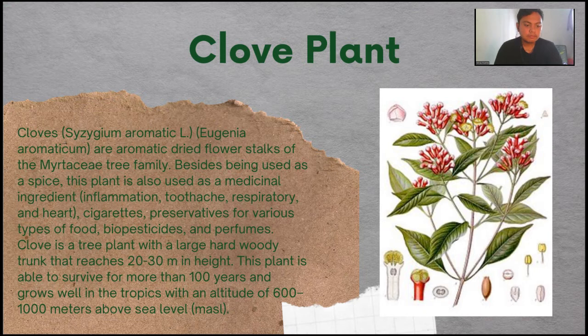Clove is a tree plant with a large hardwood trunk that reaches 20 to 30 meters in height. This plant is able to survive for more than 100 years and grows well in the tropics at an altitude of 600 to 1000 meters above sea level.